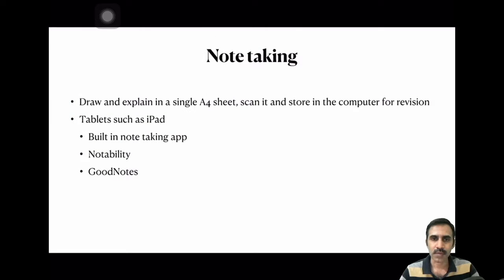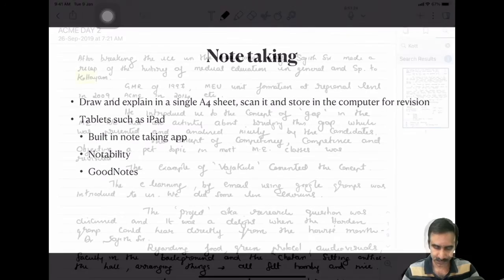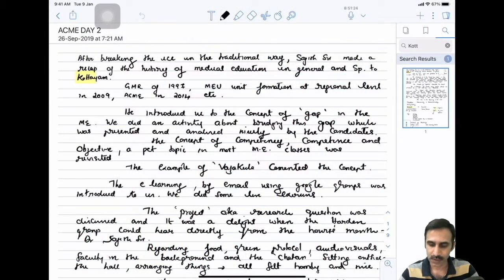If you are using a tablet such as an iPad, it will have a built-in note-taking application. Two note-taking applications worth mentioning are Notability and GoodNotes. Both are for tablets. This is the interface of Notability. One important feature of Notability is the ability to record voice while you are taking notes.